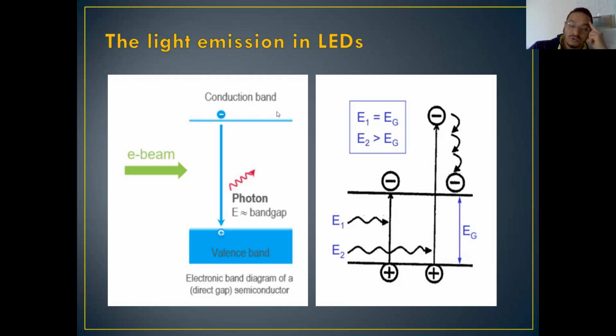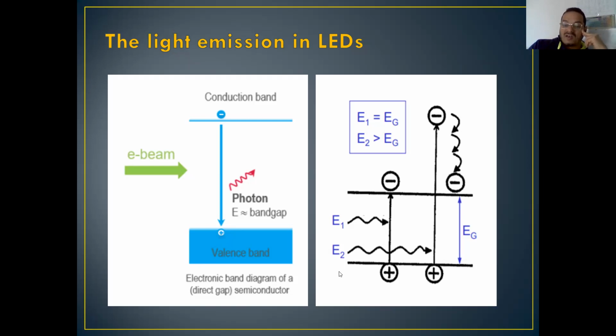But here the situation is different, because the electrons at the conduction band will come back again to the valence band. By that, they will give energy like a photon, and this way we generate light.